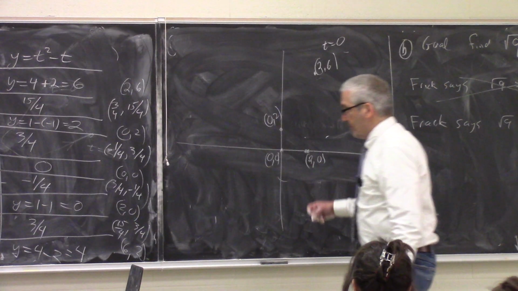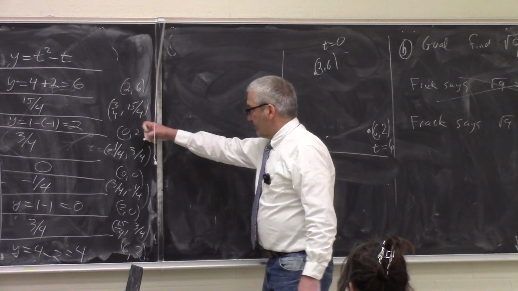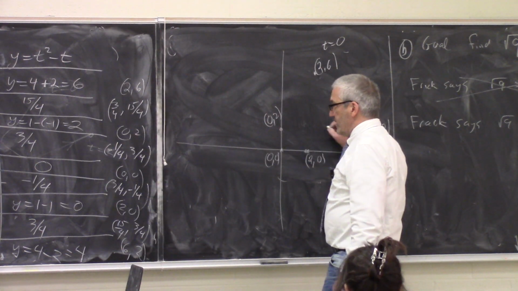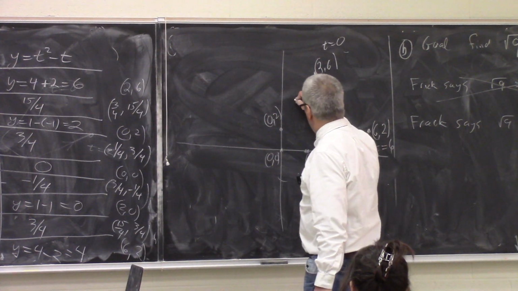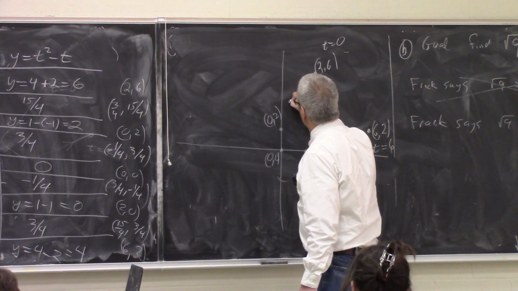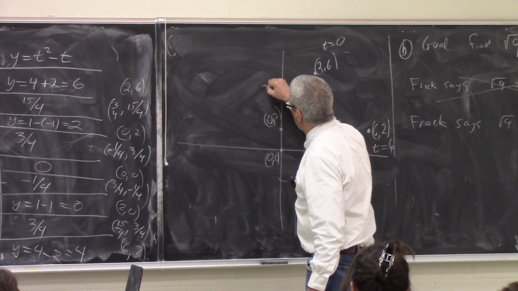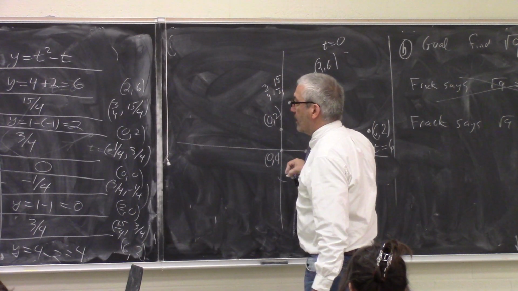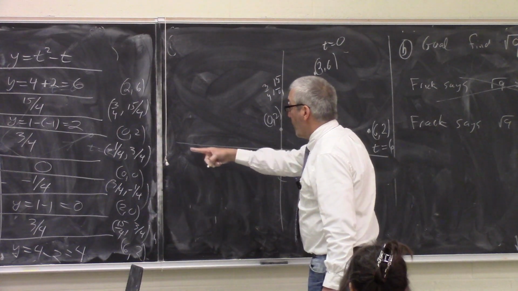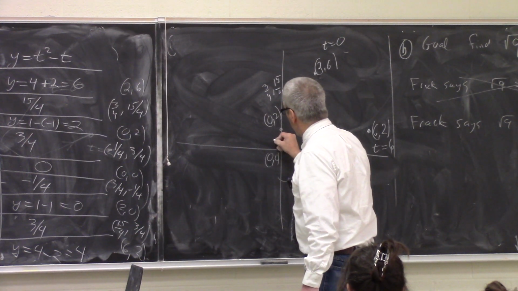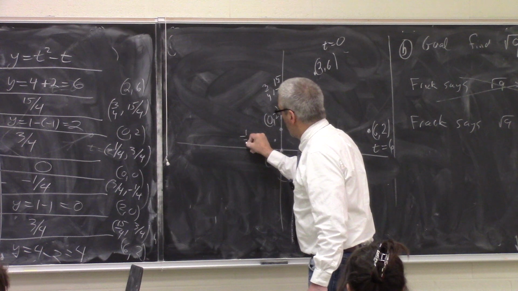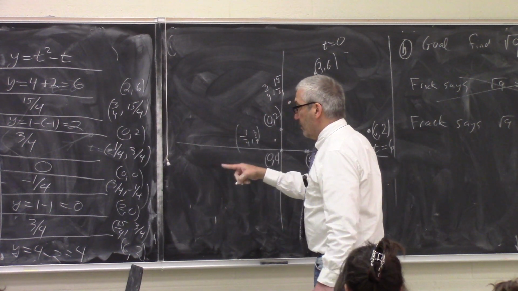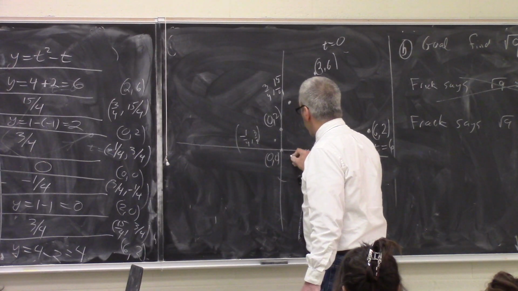So that's these other points. So 3/4, 15/4. Well, 15/4 is almost 4. So 3/4, 15/4 is here. And then minus 1/4, 3/4 is about here. And then 3/4, minus 1/4 is about here.